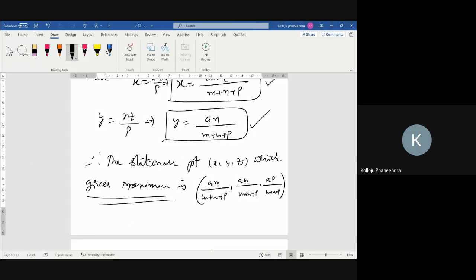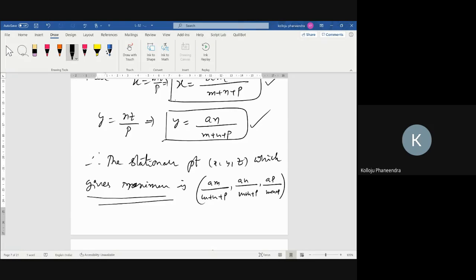That is the drawback of Lagrange's multipliers method. After getting the stationary point, there is no checking whether this point really gives maximum or minimum. There is no condition for that. Whatever point you got, that gives the required maximum or minimum. That is the only drawback at this engineering first semester level.